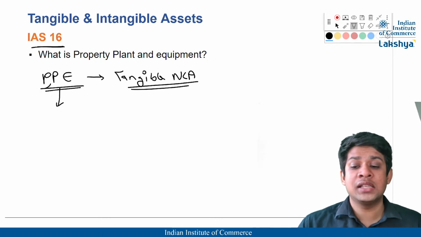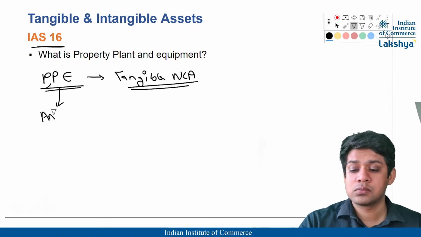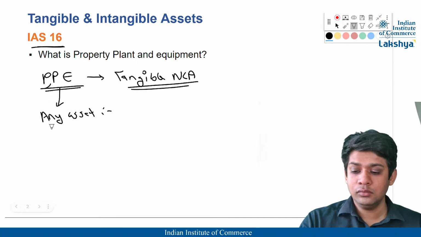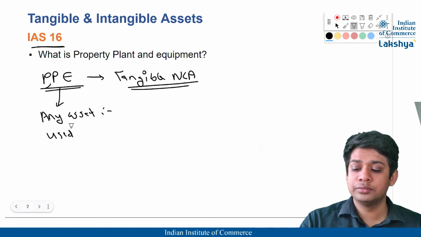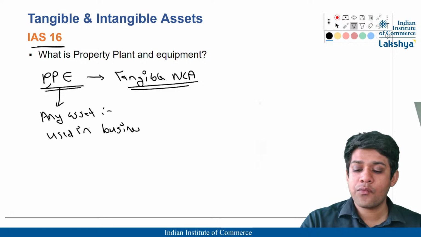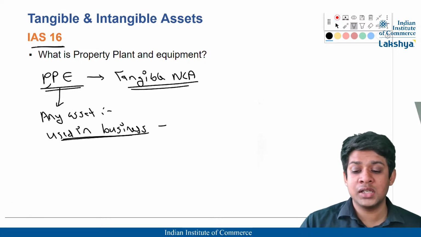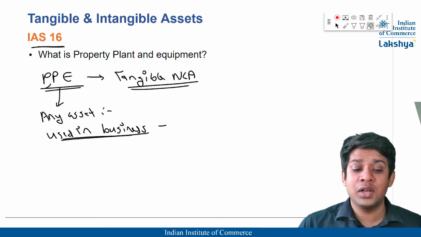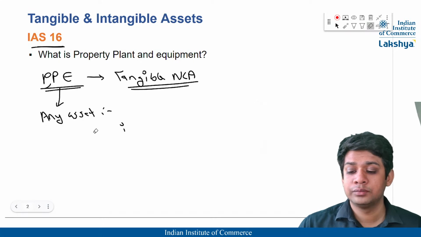Property, plant and equipment is any asset which is used in business, right? Any asset which is used in business, maybe say for administrative purposes. I'll rather write here administrative purposes.